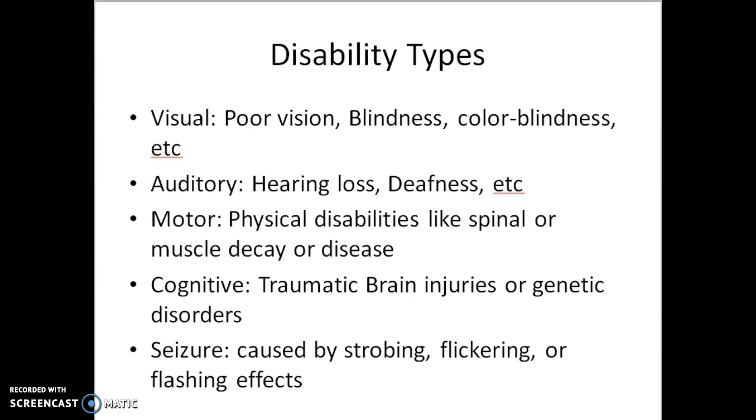Basically, if you can't really process information very well, that falls under cognitive. Genetic disorders tend to mean, well, not to butter anything up, but the person with them probably won't live for super long, if I want to be honest.